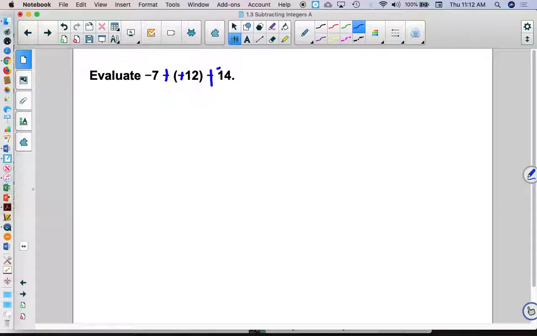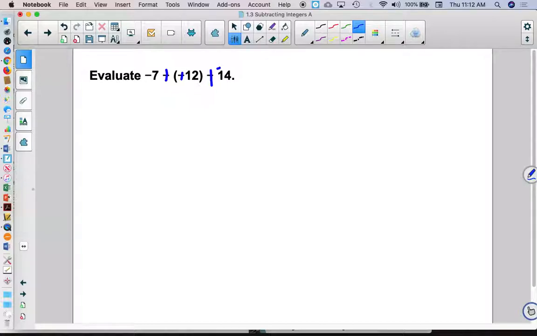Add opposite. Now, we have -7 plus 12 plus -14. Do you want to work with them one at a time? Do you want to put your negatives together like we did before? It's on you. Same sign, add and keep.